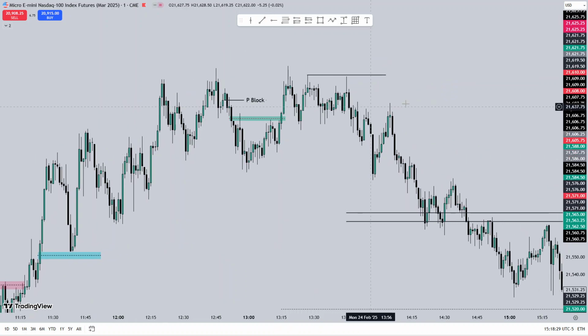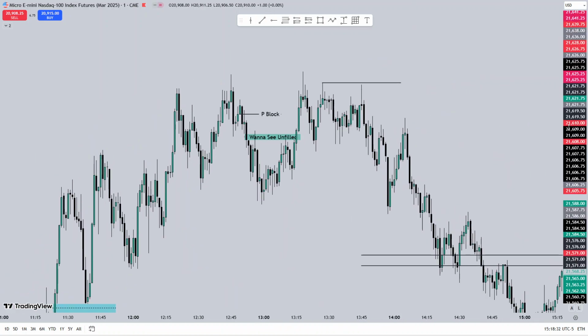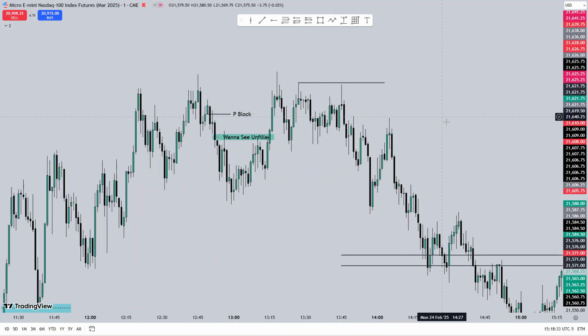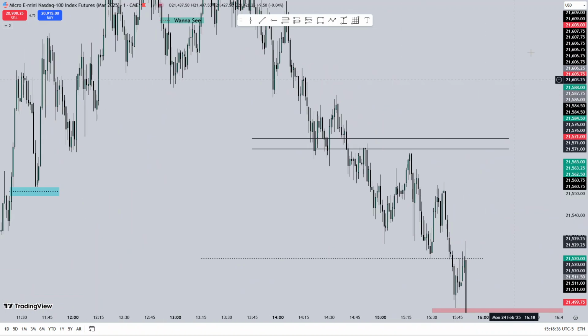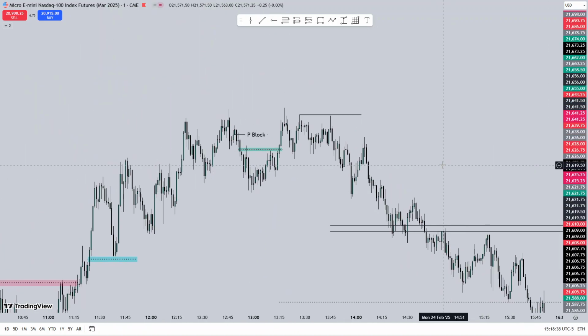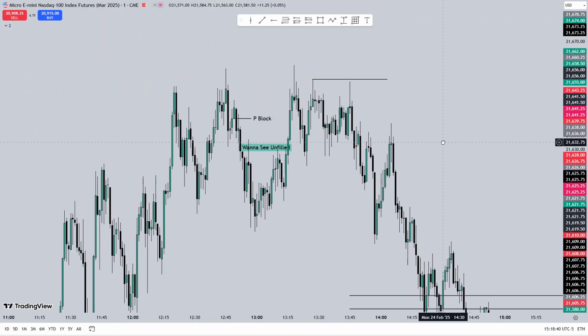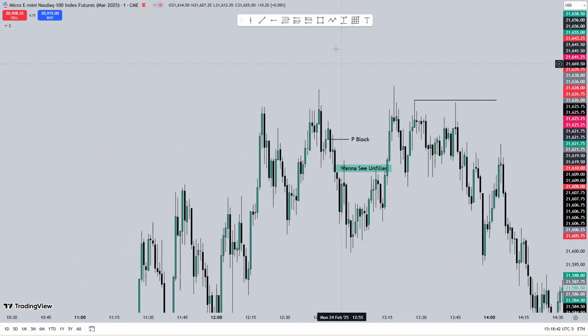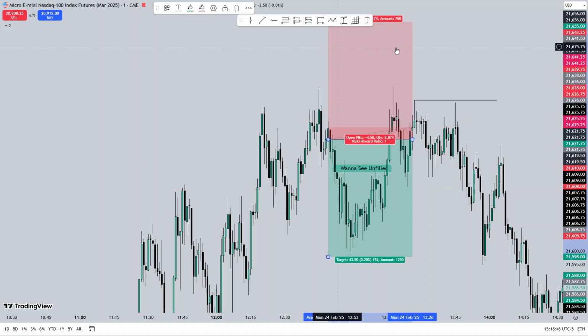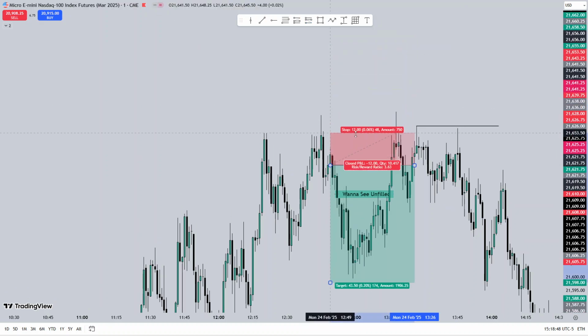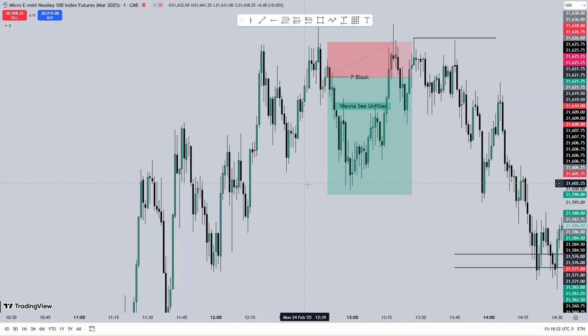Then after that I took another entry over here, and this was really precise price action on Monday. Let me show. I took my entry from the propulsion block, and my stop loss was above this candle.